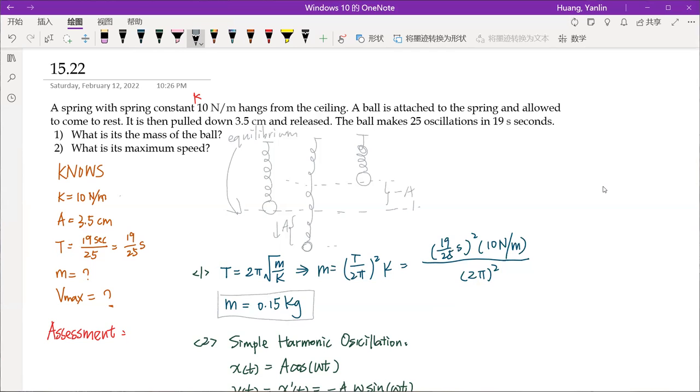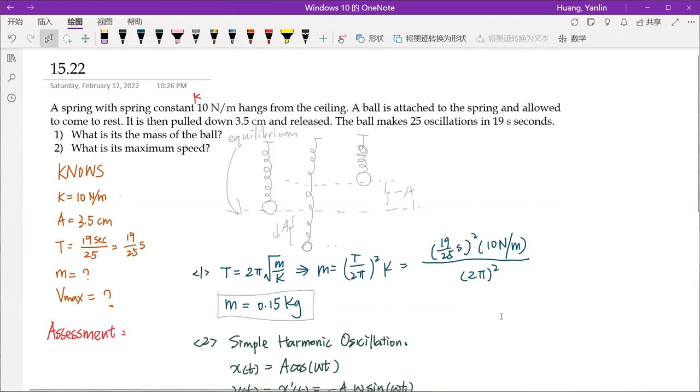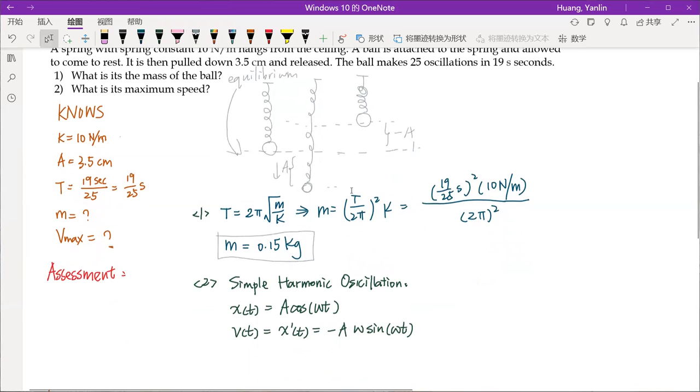And for the second question, the maximum of the velocity, we could recognize this as simple harmonic oscillation.